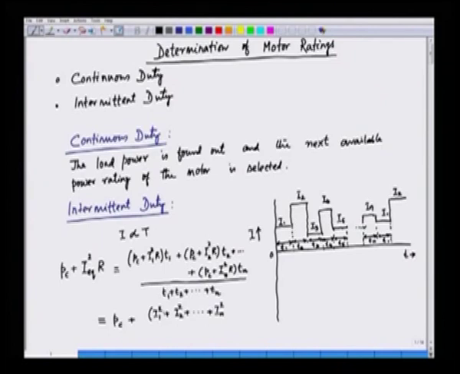Of course, what we have here is I1 square into T1, I2 square into T2 and In square into Tn, into R here, divided by T1 plus T2 plus Tn.